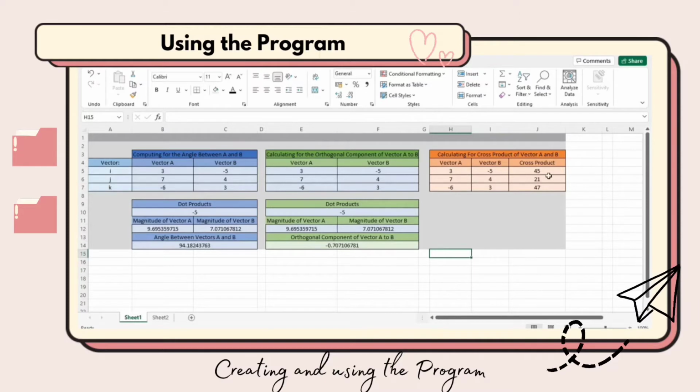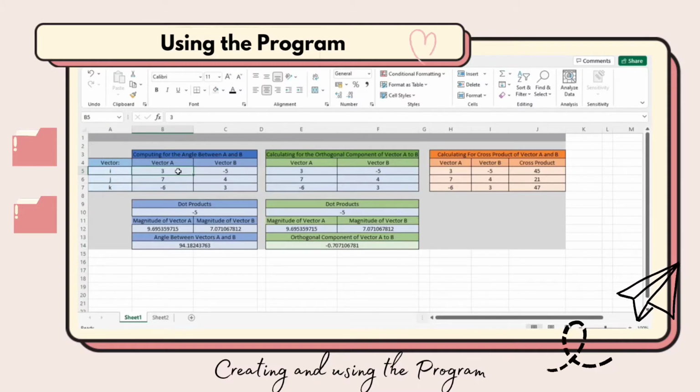So the answers are 45i, 21j, and 47k. So this is the answer for the angle between vectors A and B, 94.18, its orthogonal component, negative 0.71, and its cross product.